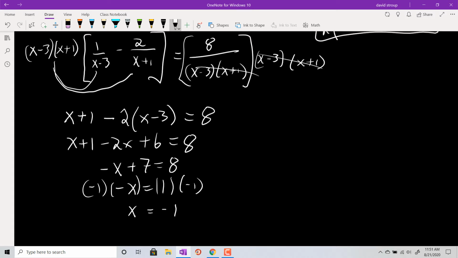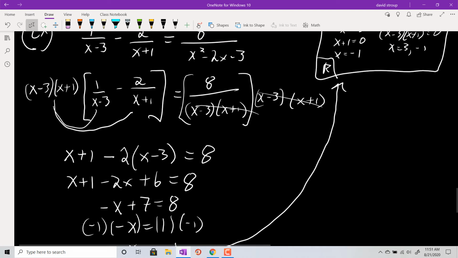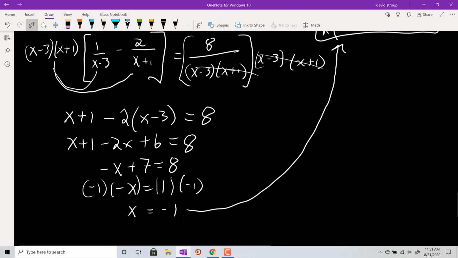And then that's our potential solution. I say potential because we still have to go back and check it with the restrictions. So I look at the restrictions and no, that's not going to work. Negative 1 is a restricted value. It was our only potential solution, so we don't have any solutions. And that's what we write: no solutions.